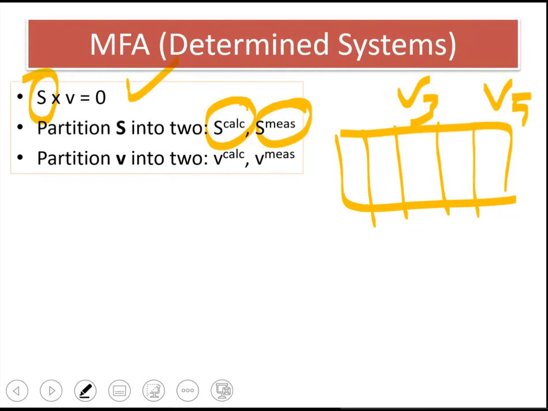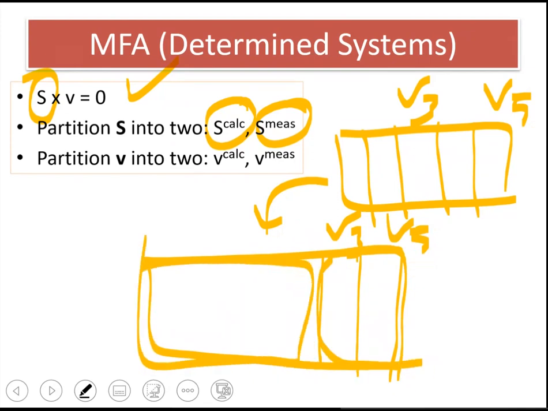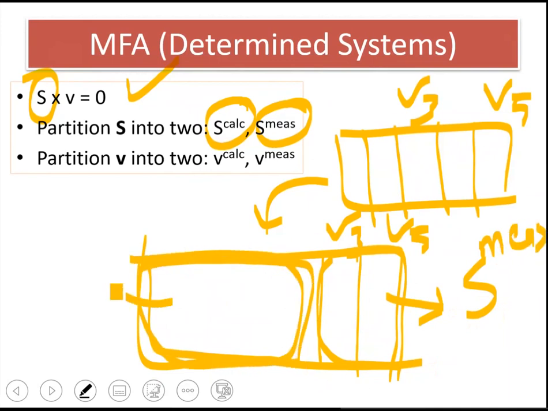Then you rearrange this stoichiometric matrix such that V5 and V3 are together in one part of the matrix and all the other columns are in the other part. So this part of the matrix is referred to as S measured, and this part is referred to as S calculated, to be calculated.